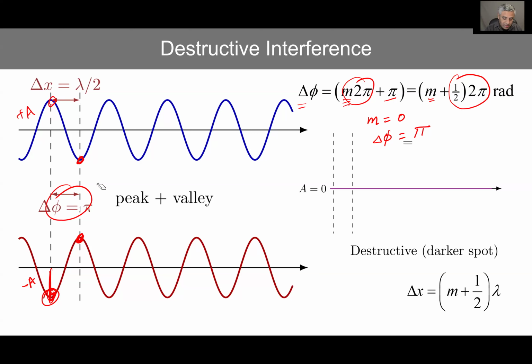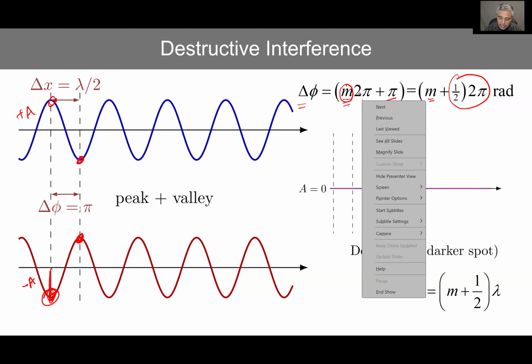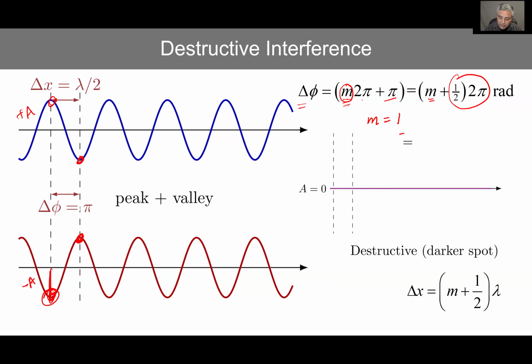Now, what if I put m equal to 1? Then this is going to be 1 times 2 pi, meaning 2 pi, and then plus pi is 3 pi. So now the destructive interference is going to happen when the phase shift is 3 times pi.